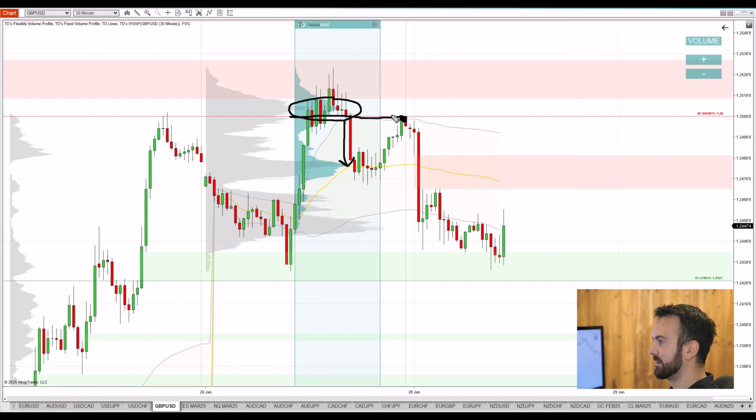This place. So volume profile setup is telling you to go short from there, and the VWAP setup, the one I just showed you, is telling you exactly the same thing, to go short from there. So you have two completely independent trading setups, both telling you to go short from this place, right? And that's a very, very powerful combo.